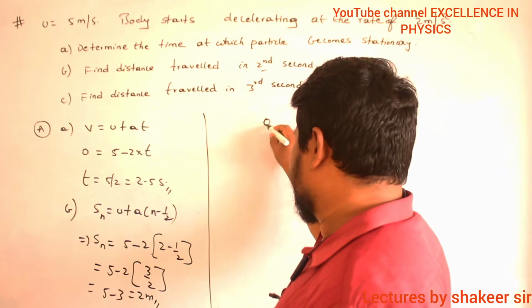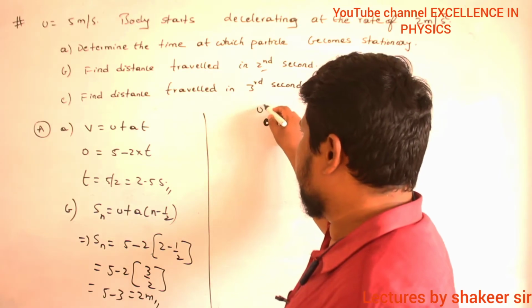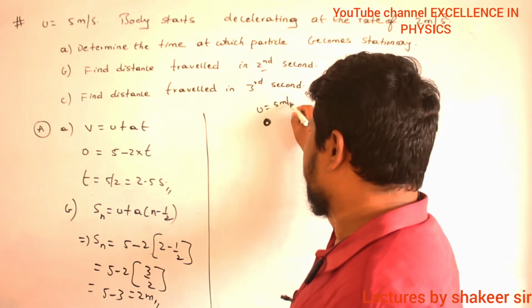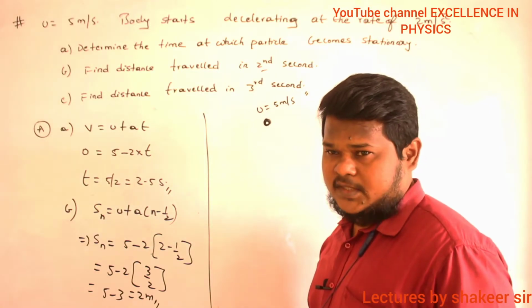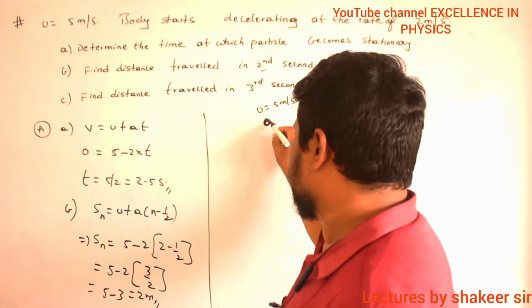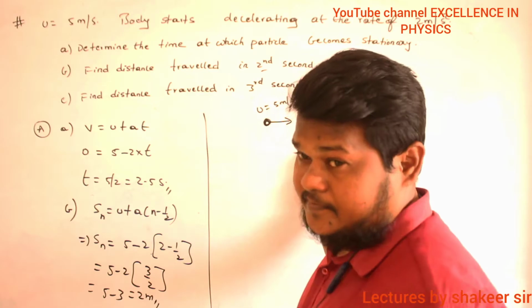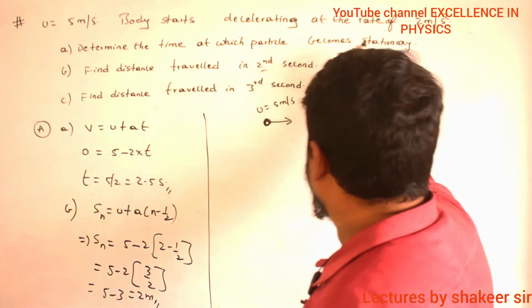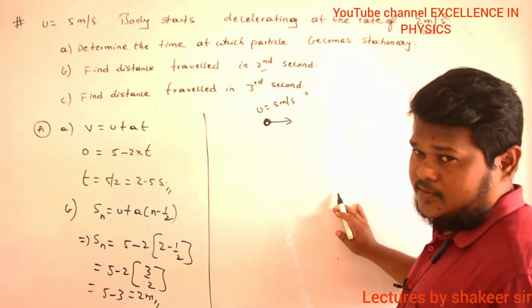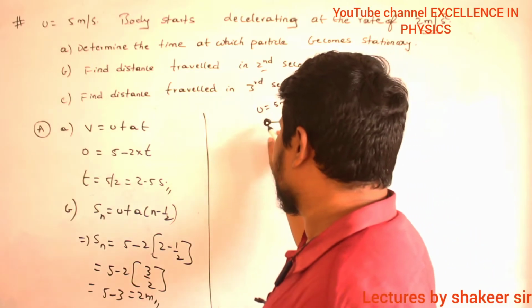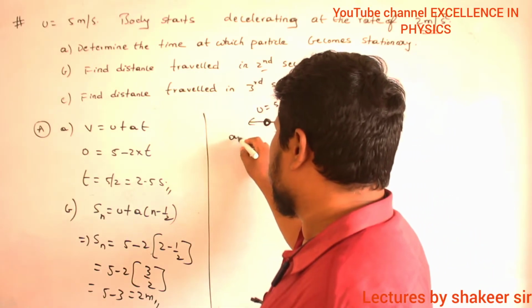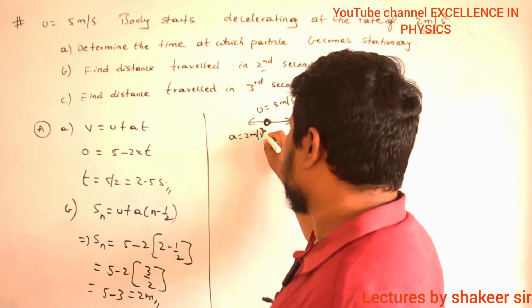Consider this is the body. What is its initial velocity? Initial velocity is 5 meters per second. Understood, no? And its velocity is in which direction? Initially in this direction. But immediately we are giving a retardation, negative acceleration. So acceleration is in which direction? Acceleration is in the opposite direction, 2 meters per second square.